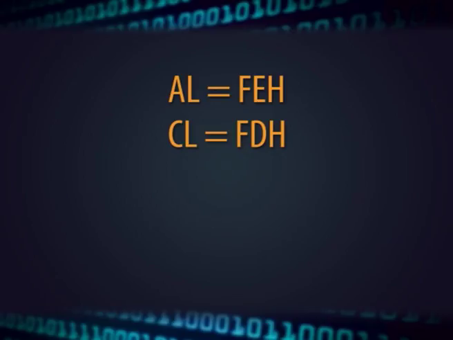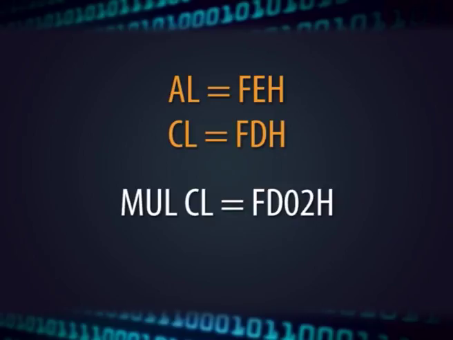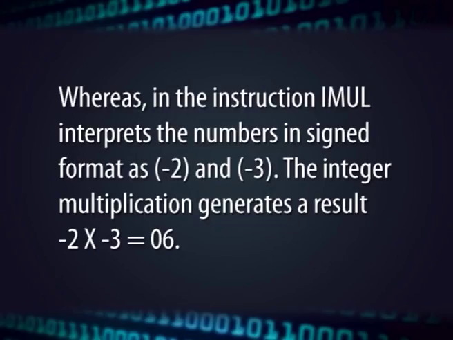The result of the instruction mul CL will be FD02H. That means if the multiplication is unsigned, the result will be FD02H, whereas the instruction IMUL interprets the numbers in signed format as -2 and -3.